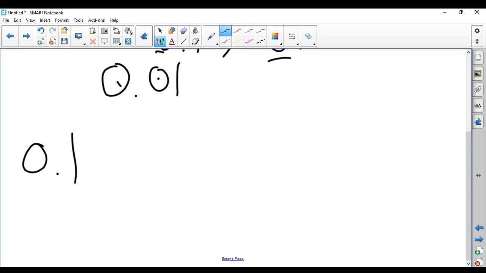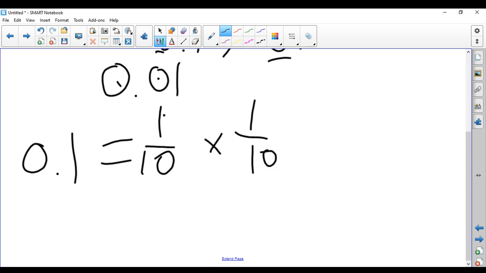How else can we represent 1/10? That looks like 1/10. And if we remember our multiplying fractions rules, whenever I am multiplying fractions, so if I have 1/10 times 1/10, the numerators multiply by the numerators, the denominators multiply by the denominators.